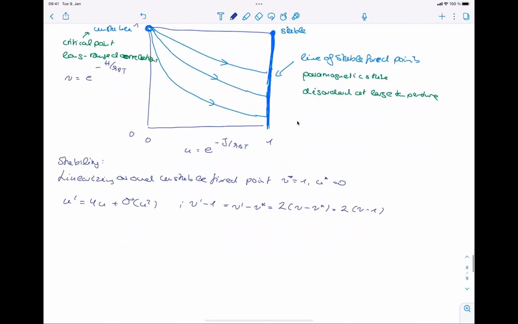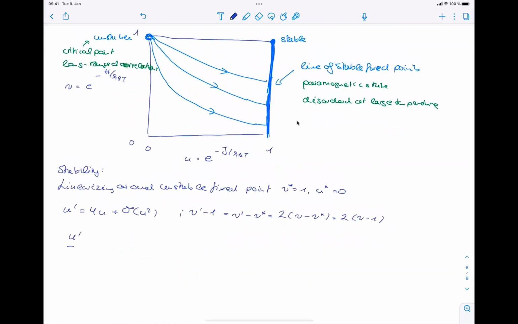And so we can write this as u prime, v prime is 4, 0, 0, 2.